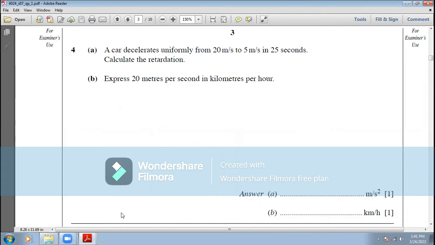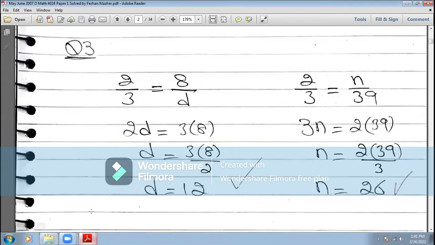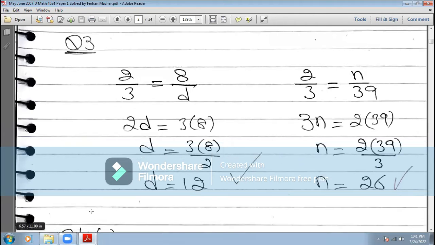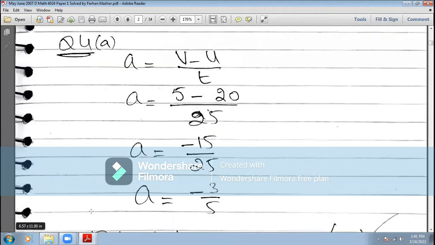Here you should remember the formula of the acceleration, or deceleration or retardation. The formula is A is equal to V minus U divided by T. V means the final velocity, U means the initial velocity, T means the time, A is the acceleration or deceleration or retardation. So the final velocity is 5, the initial velocity is 20, and the time taken is 25. Just put those values there.